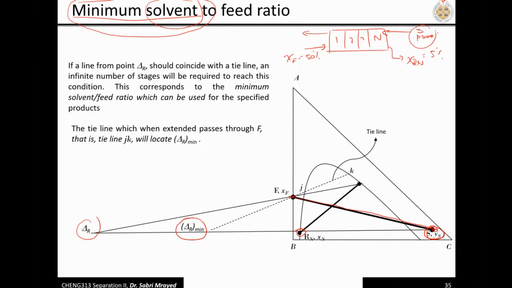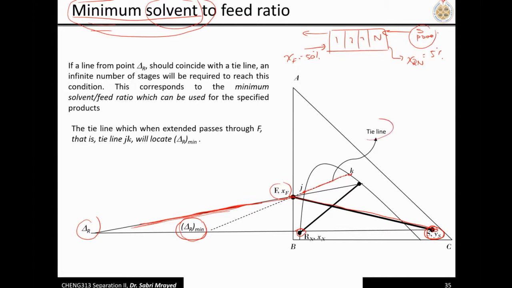Now delta R should be drawn in a way that this line, you see this line, passes through the feed, and at the same time should make a tie line. I don't know how to explain this one. So your line, for a minimum condition, should coincide. It happens that it is at the same time a material balance line, but at the same time a tie line, or the point here and the point here should be a tie line.